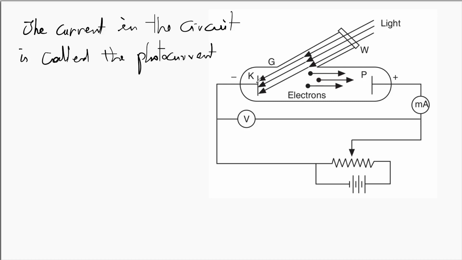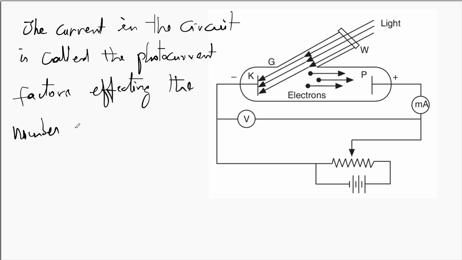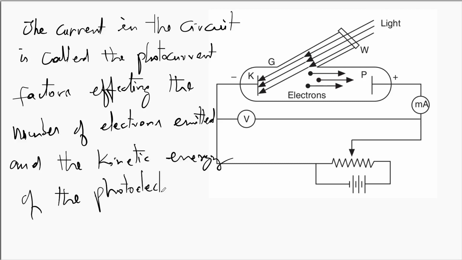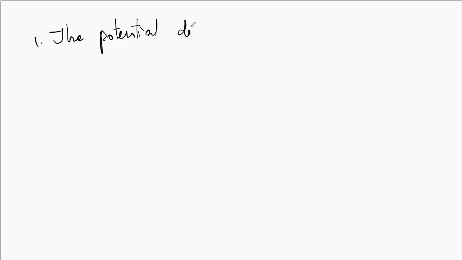The number of electrons that are emitted from the cathode and the kinetic energy of the electrons depend on various factors. The factors are: the potential difference between the cathode and the anode.